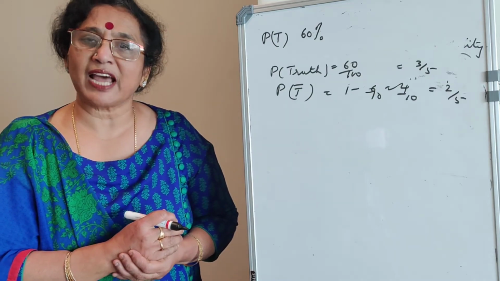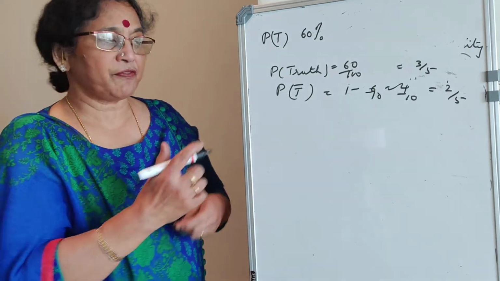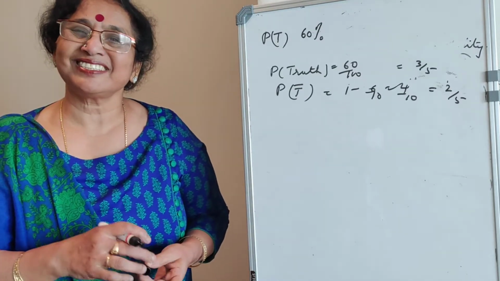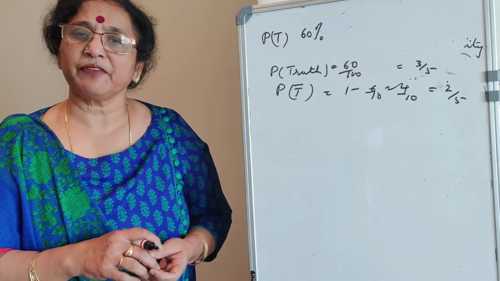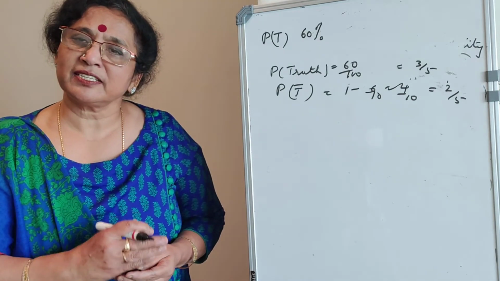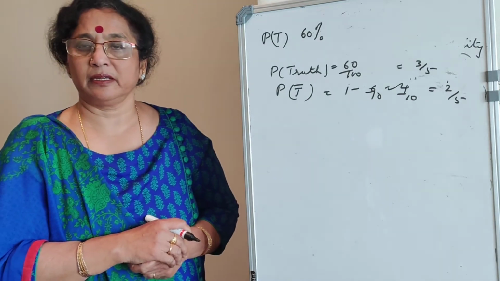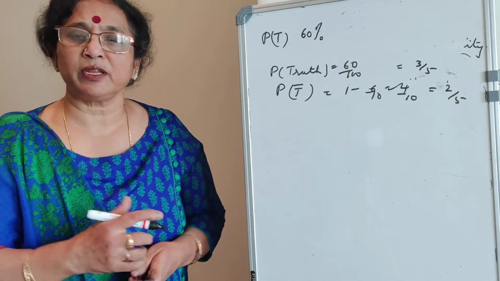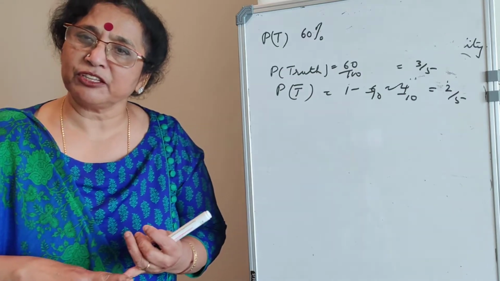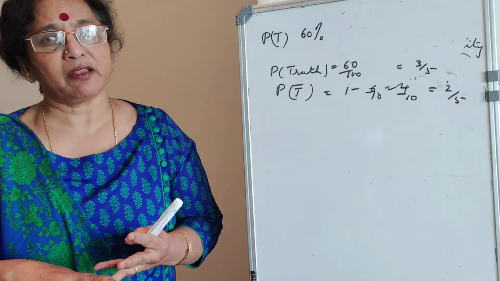So if I throw a die, and I say that it is a 6, what are the chances it is actually a 6? So what is the meaning of actually a 6? When I am saying a 6, either I am telling the truth or I am telling a lie.